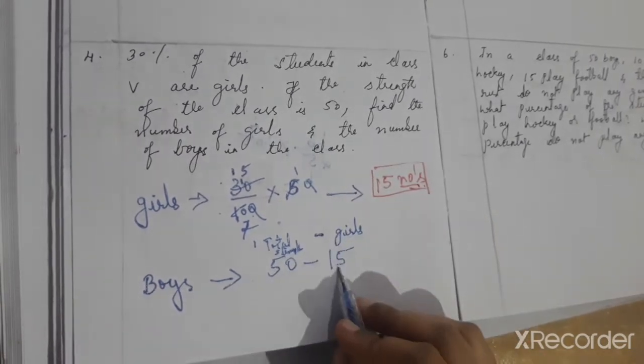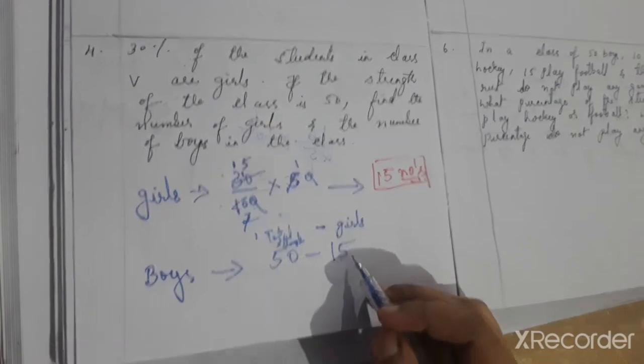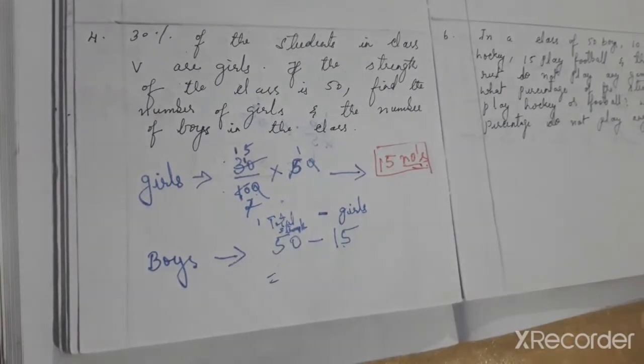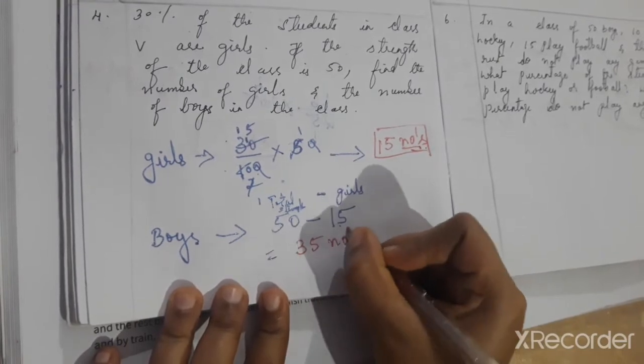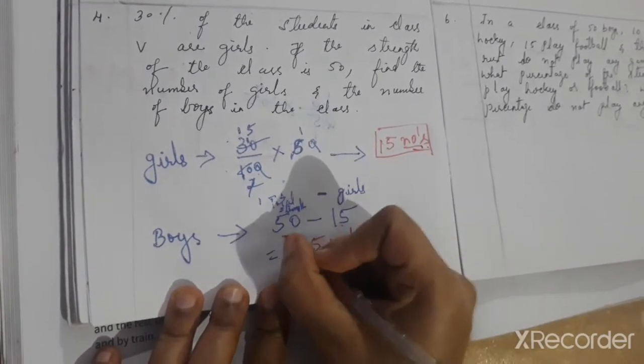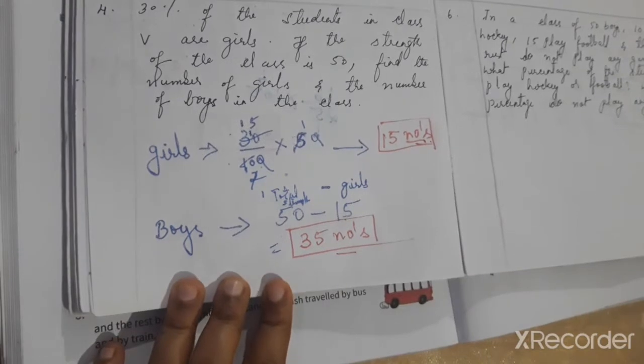Total strength minus girls: 50 minus 15 is 35. So 35 is the boys' strength. The answer is 35 boys.